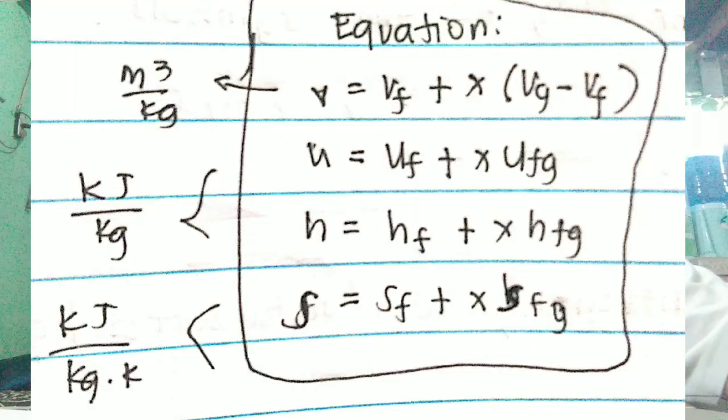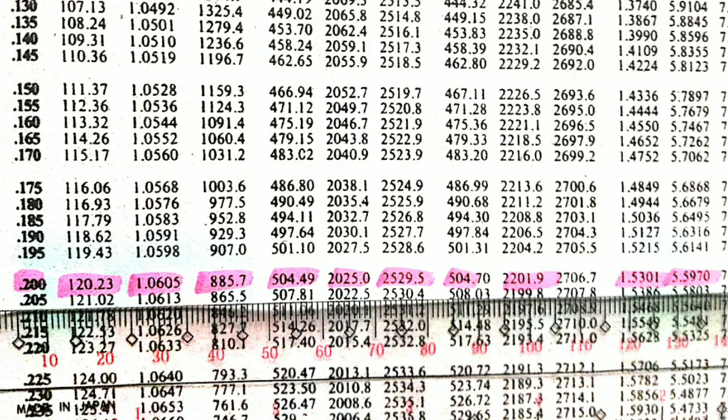Properties of wet vapor. So, in getting the V, as I always said, dapat nato siya sa uhon, atong V is equals to VF plus X of VG minus VF. So, atong VF ani is 1.0605 plus ang X nato nga is 0.80, ang VG nato is 885.7 minus ang VF is 1.0605 times 10 to the power of negative 3.